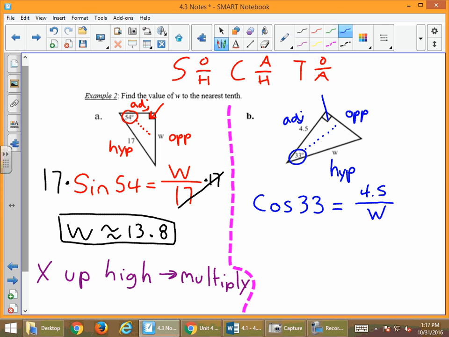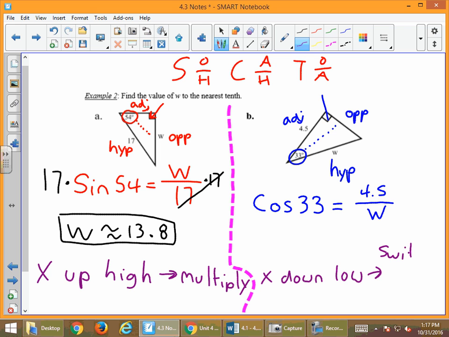I'm going to multiply both sides by W. Those W's will cancel out. Problem is I'd have W cosine 33, and then I'd have to divide by cosine 33. I don't want to make you memorize that. So we're going to go right to my saying to help you memorize this. You ready for this one? X down low.